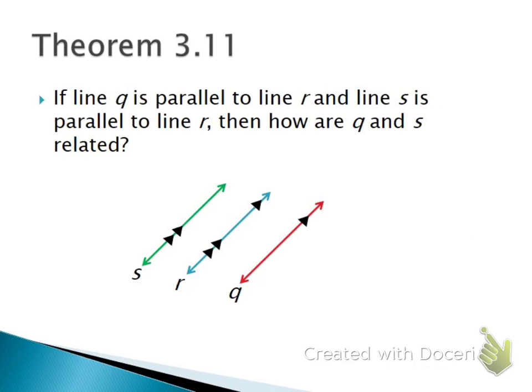So our theorem says, which if you want to write this, you can, but we've got a simplified version on the next slide, so I would maybe hold off on writing it. You could draw the diagram. Theorem 3.11 states, if line Q is parallel to line R, which are both marked with one arrow, so we know they're parallel, and line R is parallel to line S, so they're both marked with double arrows, then how do we think lines Q and S are related?